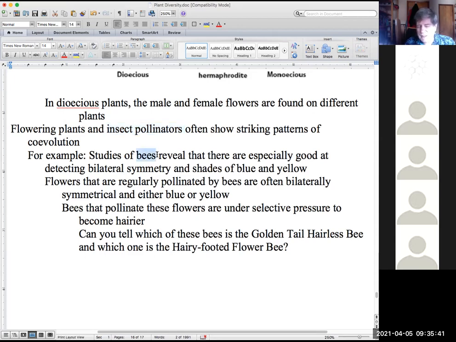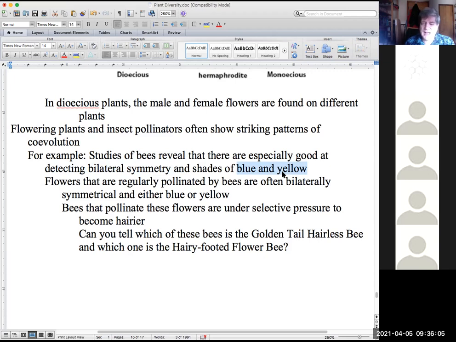When we look at bees and we study their vision, they're especially good at detecting flowers that have bilateral symmetry, you know, that have two equal sides. And they're especially good at detecting shades of blue and yellow, and also ultraviolet light, which is beyond the vision of people.